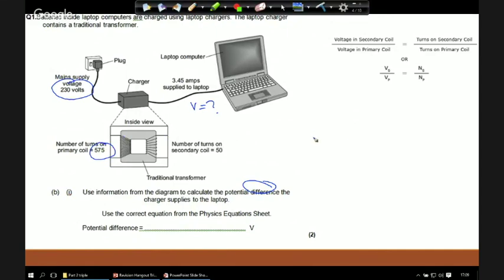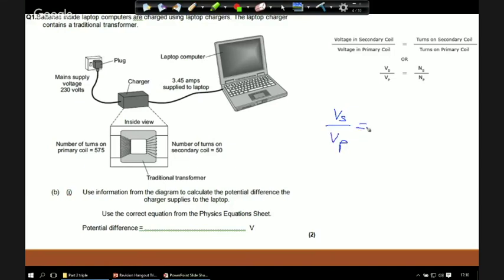and the ratio of the number of coils is the same as the ratio of the voltages. Now this equation here works either way round, so I can flip this upside down and it will still work. So if I want to know the voltage provided, that's going to be my voltage on my secondary.